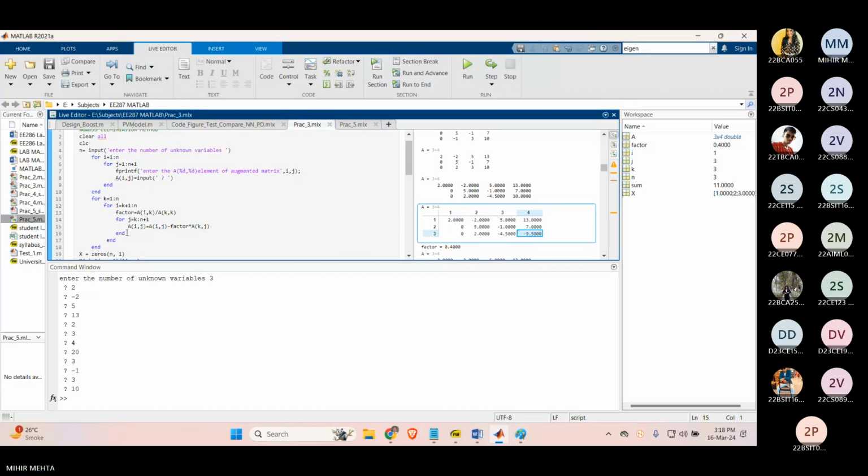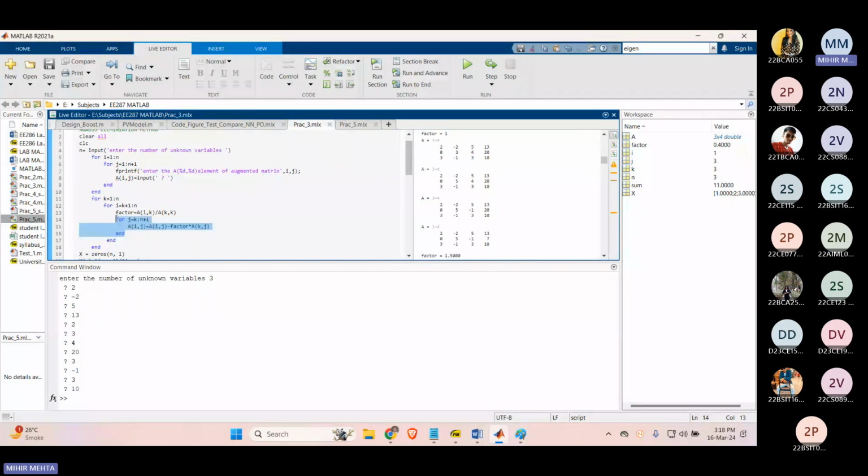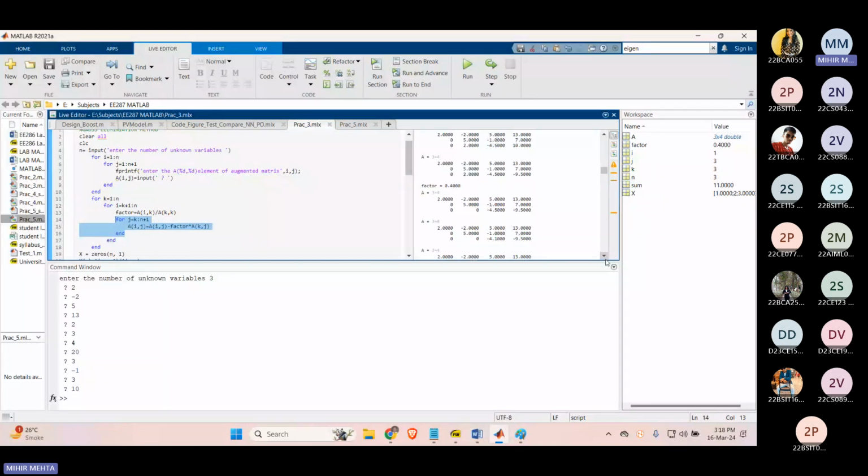Once that is done, this loop has been completed. I further want to recalculate this. Once this is done, I again calculate my factor with this particular increment of k. My value of i is 3.